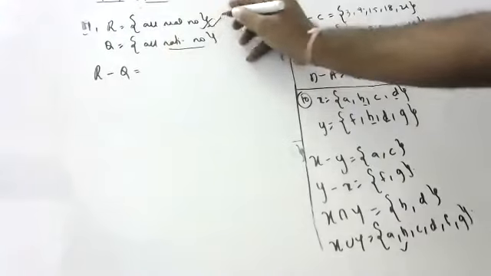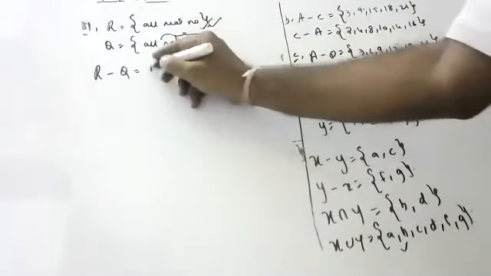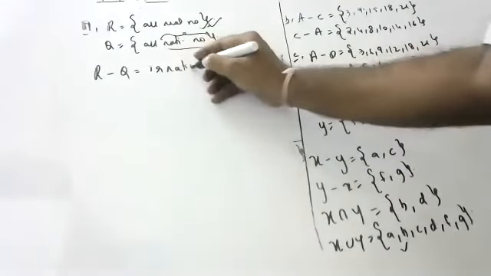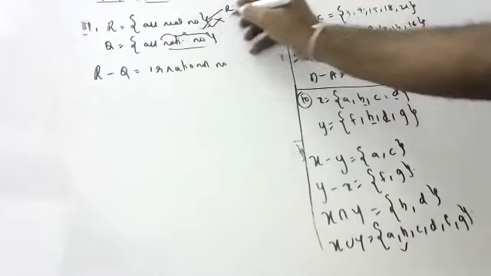From all real numbers, if you remove rational numbers, what do you get? Irrational numbers. That's it, children. Real numbers have both rational and irrational numbers.